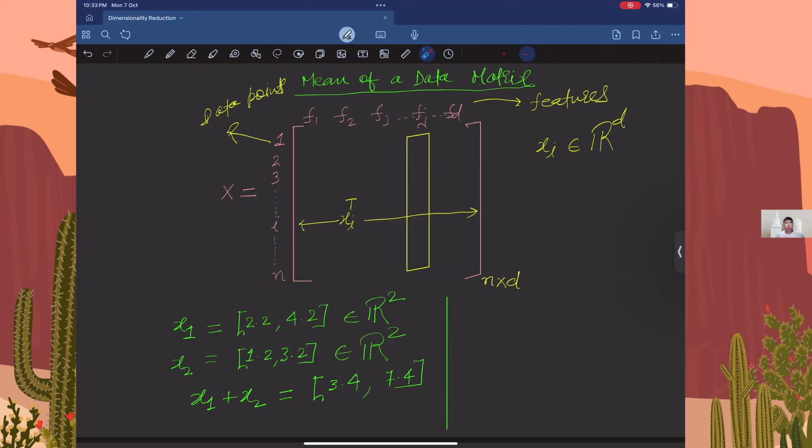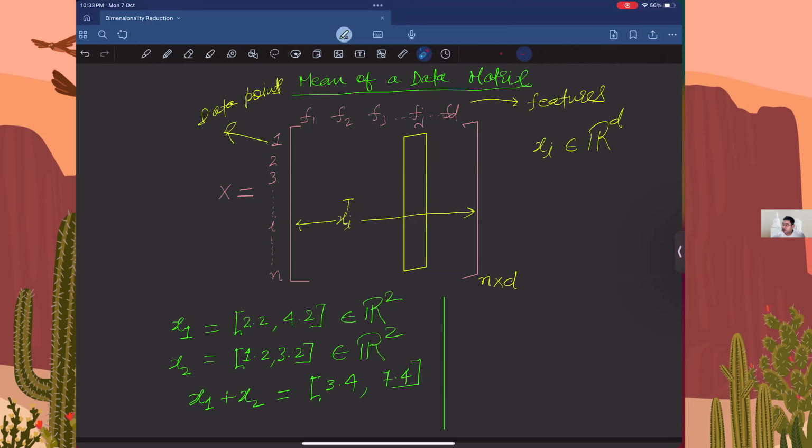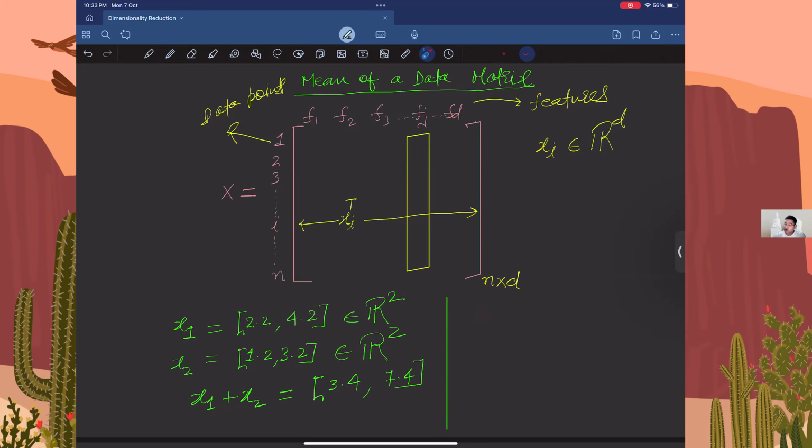This is to explain how to do a component-wise sum. You must be aware of this. Suppose I compute x bar. What is this x bar? It also belongs to R^d.